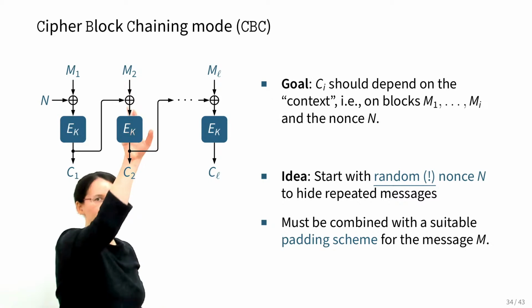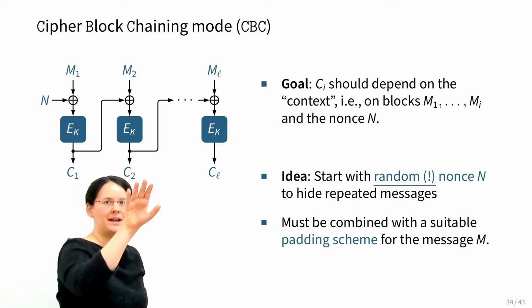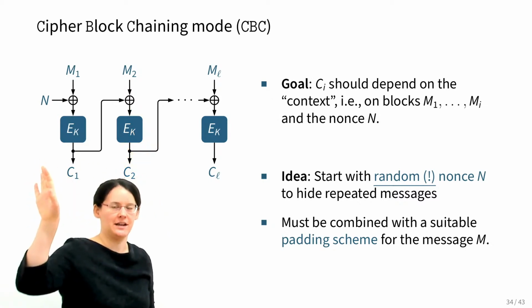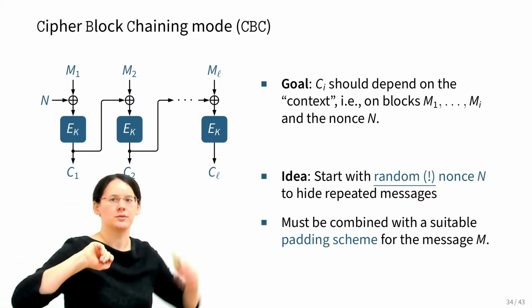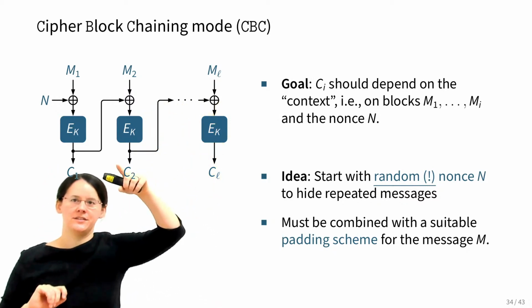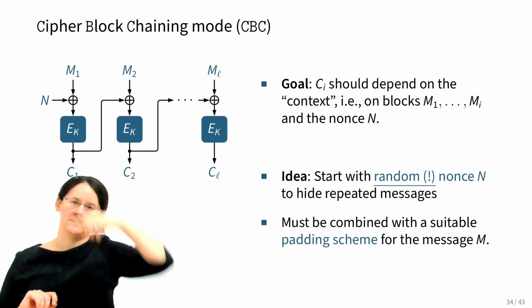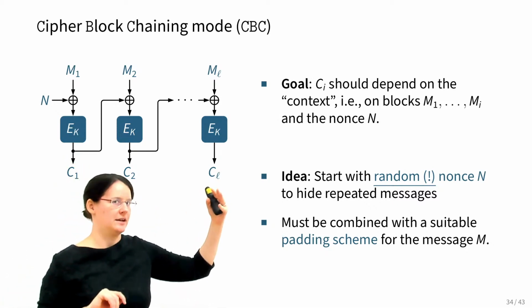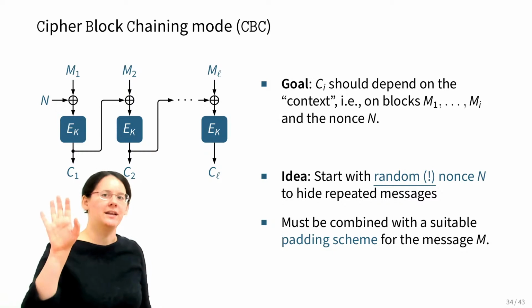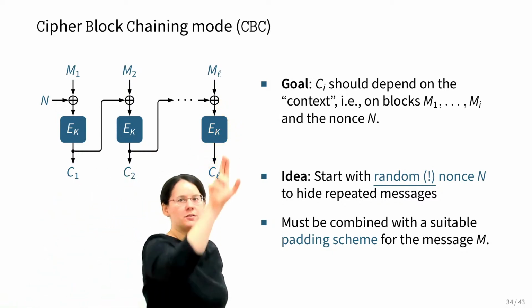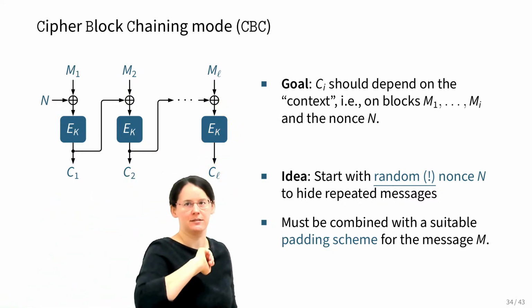Now, the encryption of each message block thus depends on all previous ciphertext blocks. So for example, the last one here depends on C2 and C2 depends on C1, so it depends on all previous ciphertext blocks. And only if they would all be the same, the encryption of the last block would also be the same as in a second message.